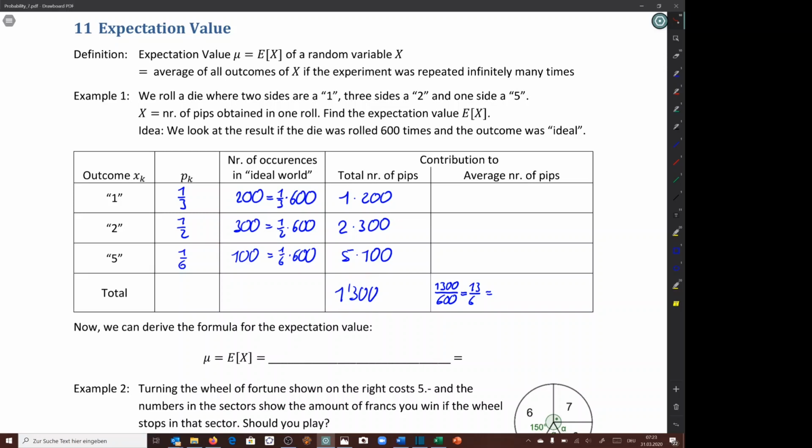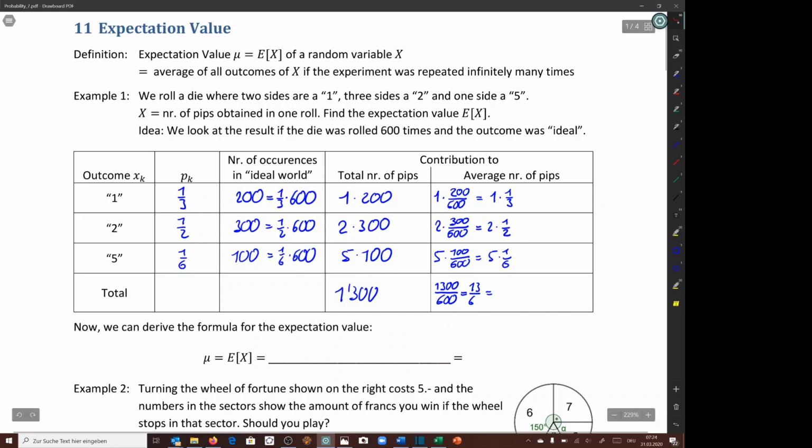Let us now look at the contribution of each outcome to the average. So this means the outcome 1 contributes a 1 in 200 out of 600 times. So it contributes 1 times a third. The outcome 2 contributes a 2 in 300 out of 600 times, so 2 times 300 divided by 600, so 2 times 1/2.